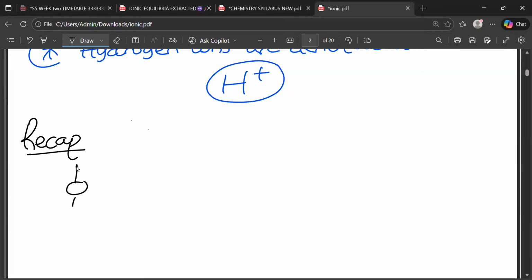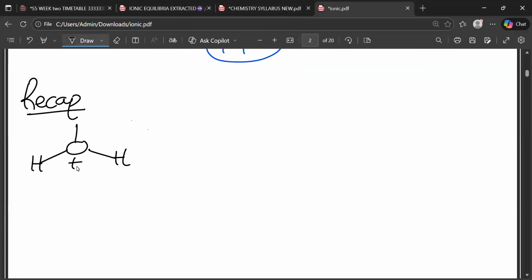We have H plus, we have H, and we also have H. Then after that, I want to see the good organic chemists here. So we used to put the arrow, then we get only this, or we remain with only the OH. Then we used to bring the arrow here like that, and then we do this.